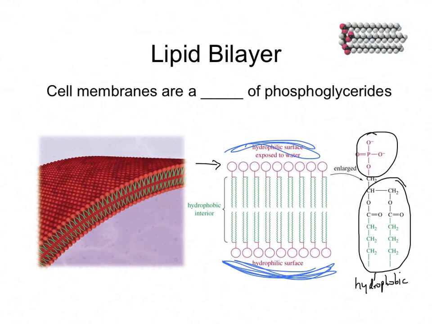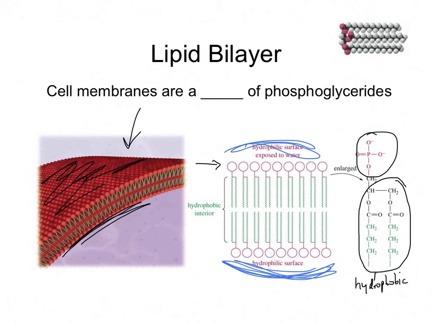Taking a look at how it orients itself into a cell membrane, take a look at this picture right there. You can see the green squiggly ends pointed to the center, and this red sort of mat is all of those phosphate groups that are pointed out toward either side of the membrane, so the water inside the cell and the water outside the cell. So all those hydrophobic tails are lined up against each other away from the water.